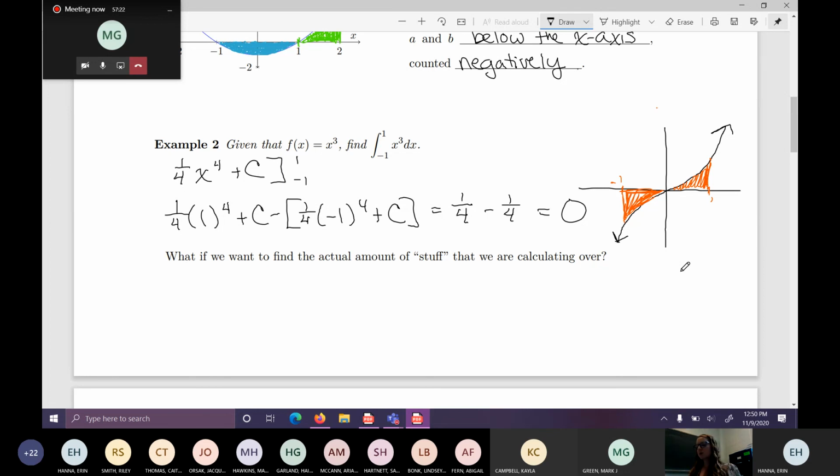What is your quiz going to be on Wednesday? Your quiz on Wednesday will be on 6.2 and 6.3. So antiderivatives and finding both definite and indefinite integrals.